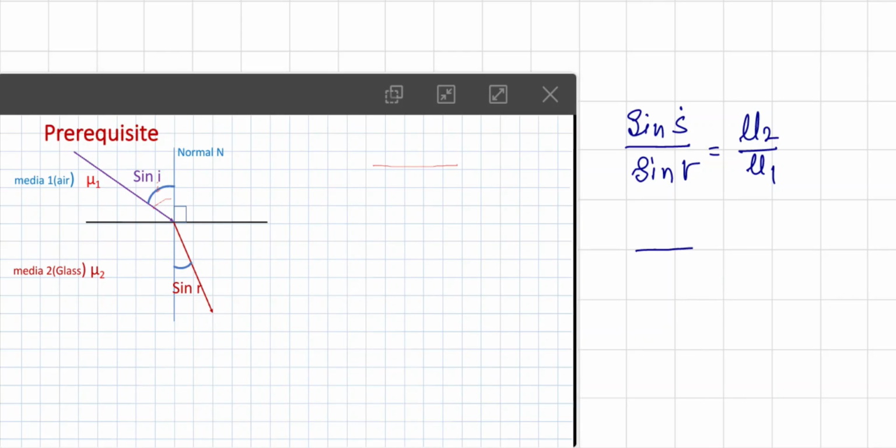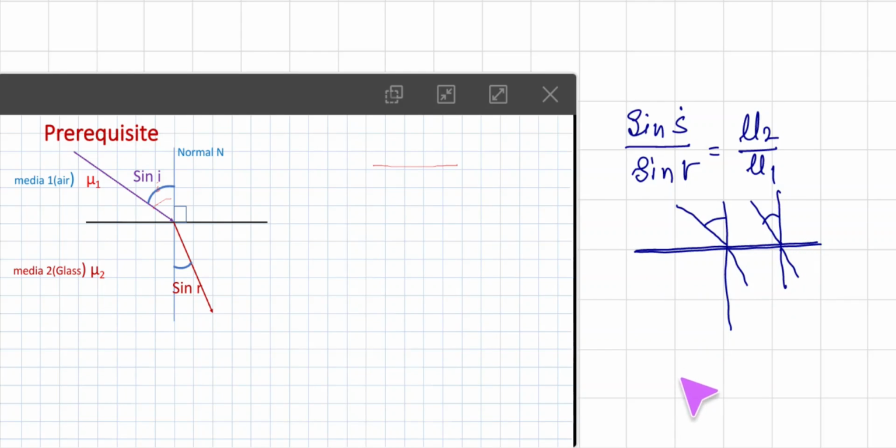If it is a plane surface and this is a normal, and a ray refracts making an angle I, then at whatever point it makes the same angle, the angle of refraction will be the same because the angle of incidence is the same.